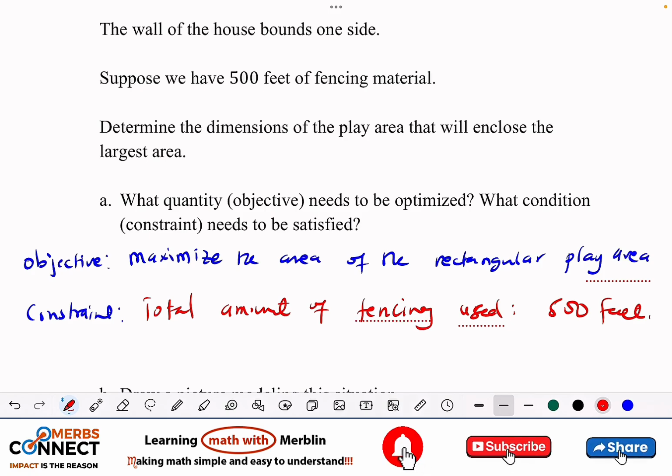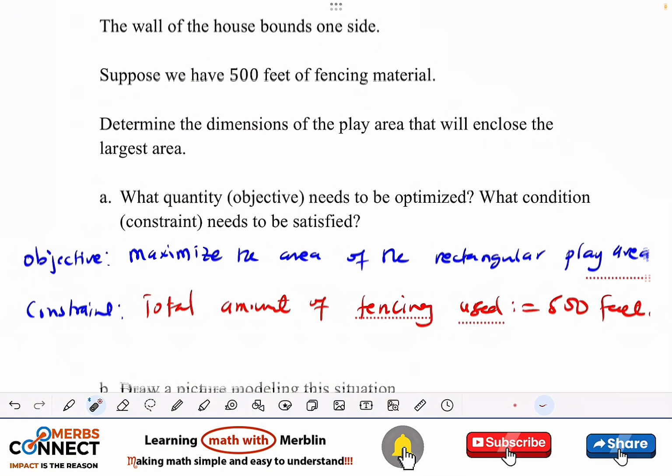The constraint is saying that for us to build that fence, we just need to use 500 feet of fencing material. You cannot go beyond that. It's like you want to produce something and they've given you something that you need to use to produce it. So that becomes a constraint. Then the objective is what we want to achieve: we want to maximize the area.